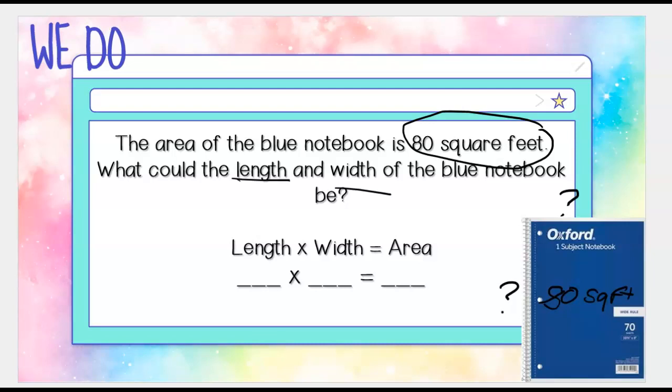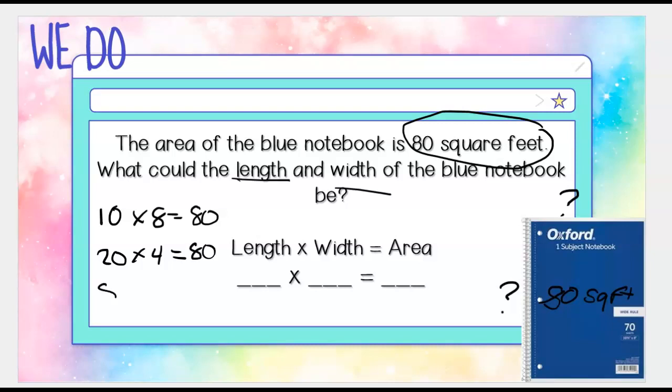Well, just like the last one, it ends in a 0. So I'm going to think of my tens facts first. So 10 times 8 equals 80. I could do 20 times 4 equals 80.